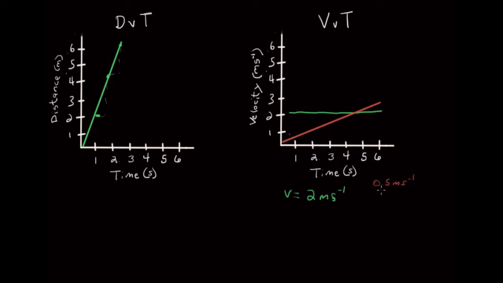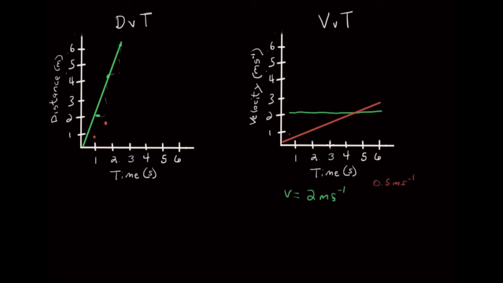But it's changing, right? At the first second, I'm going to go how far? I'm going to go half a meter. But at the second, I'm going 1 meter per second. So I will then go 1 meter past that. So at 2 seconds, I'll be at 1.5.